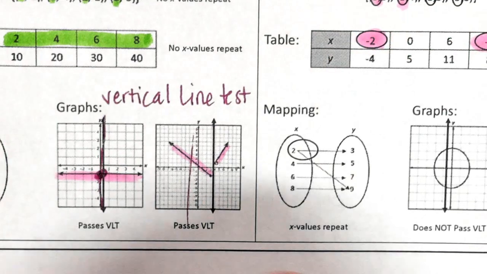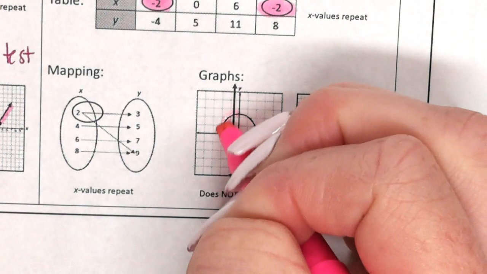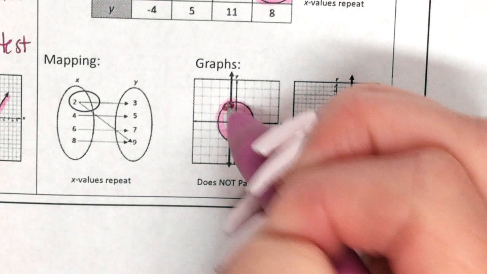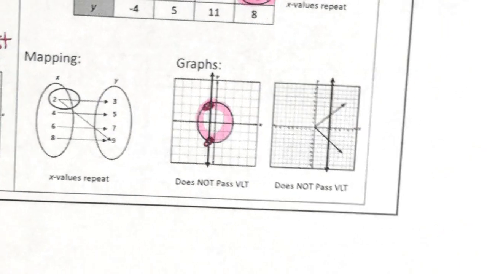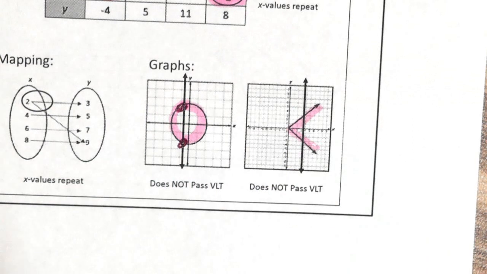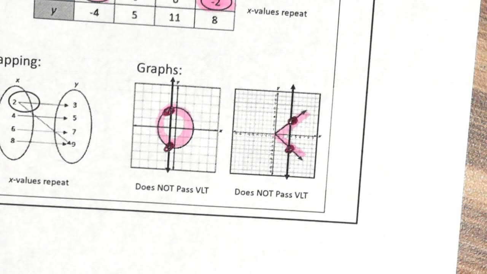If I drew it here, it only touches once. If you go over here, this is the picture. How many times did their vertical line touch? Right here and here. That is not a function. And then right here, this was their picture. And how many times did their vertical line touch? Twice. Therefore, that is not a function.